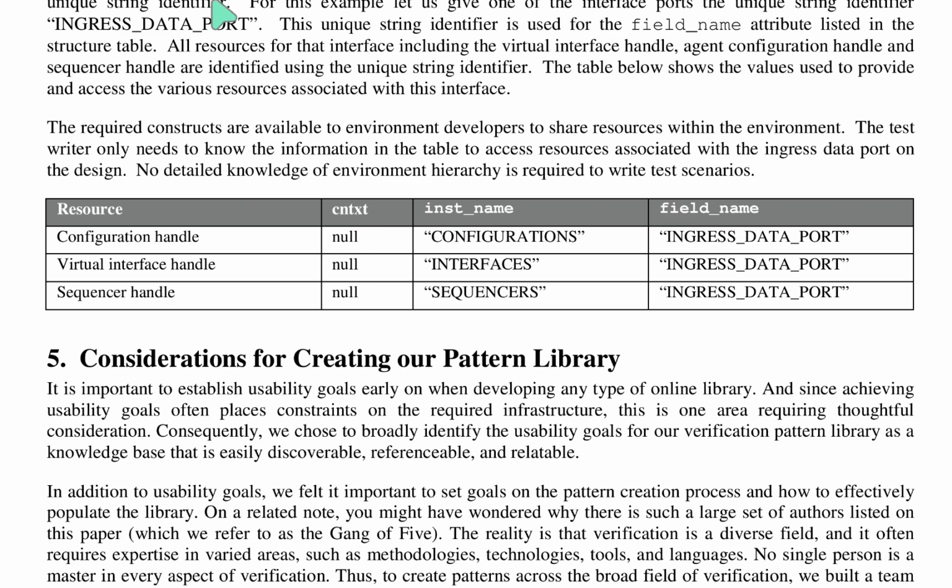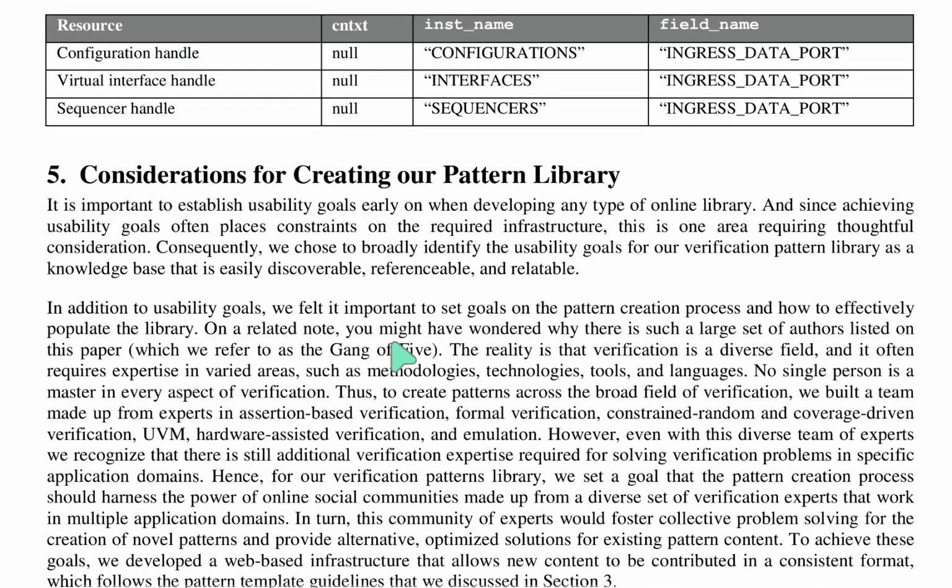5. Considerations in creating our pattern library. It's important to establish the usability goals early on when developing any type of online library. And since achieving usability goals often places constraints on the required infrastructure, that is one area requiring thoughtful consideration.